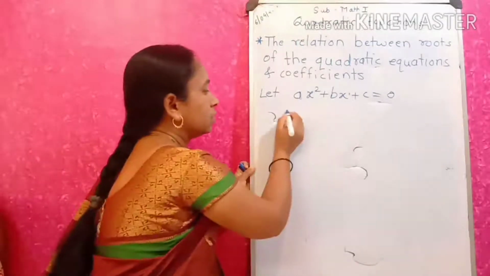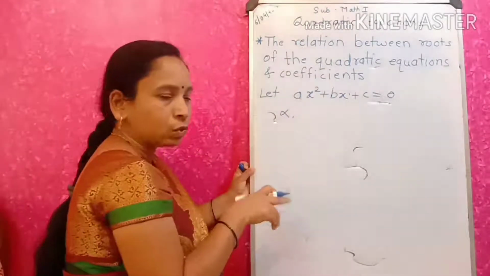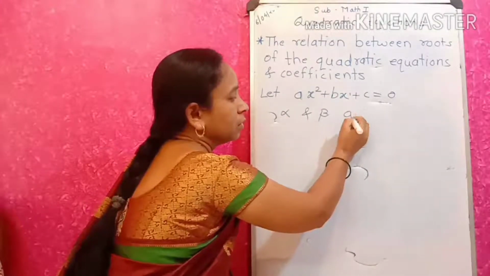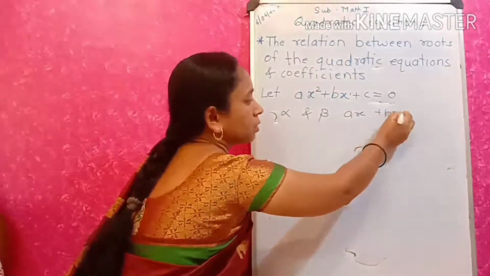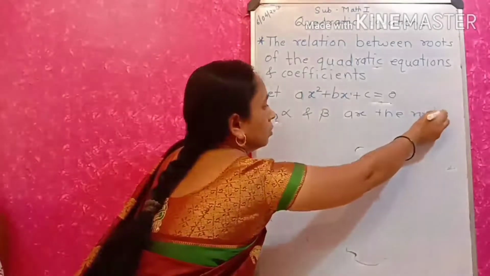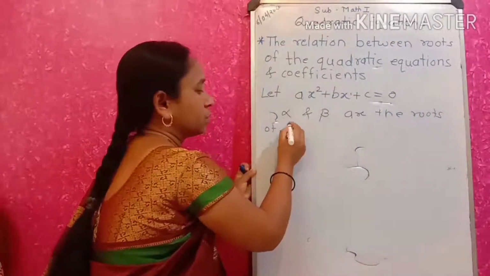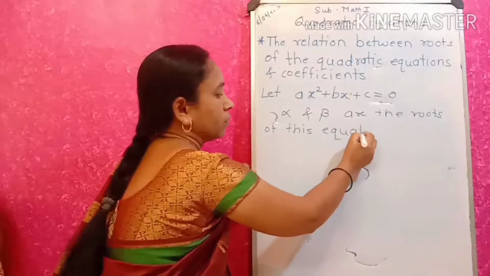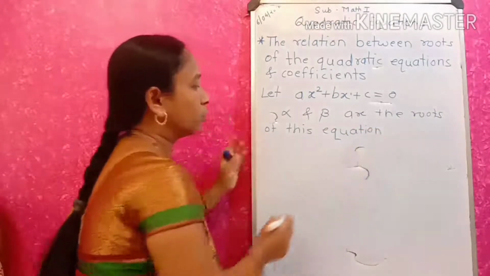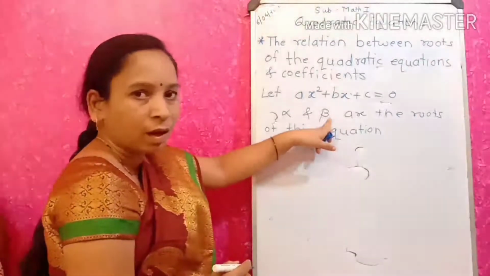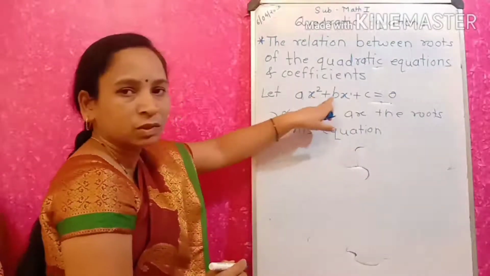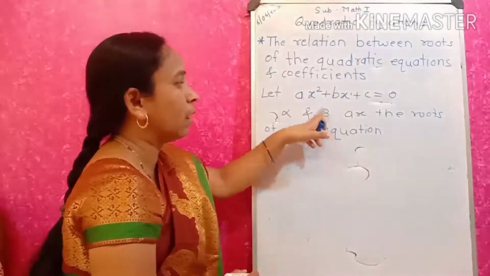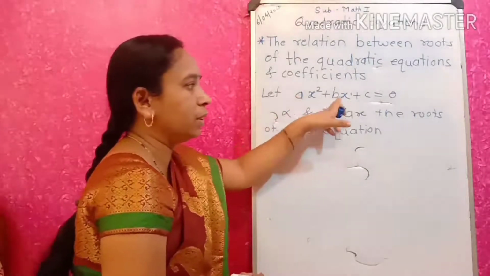I'll consider alpha is the first root and beta is the second root. Alpha and beta are the solutions, the roots, of this quadratic equation.